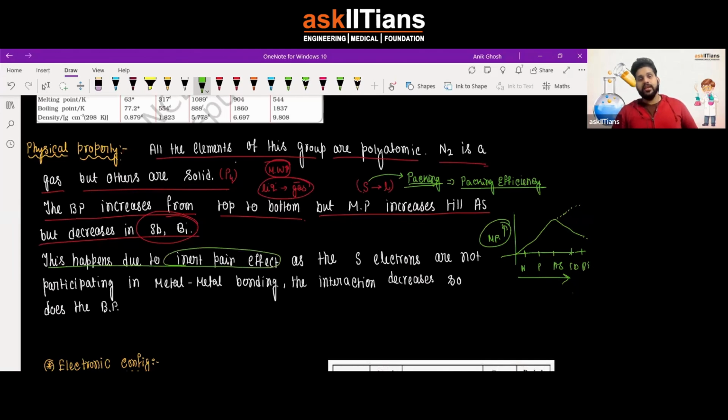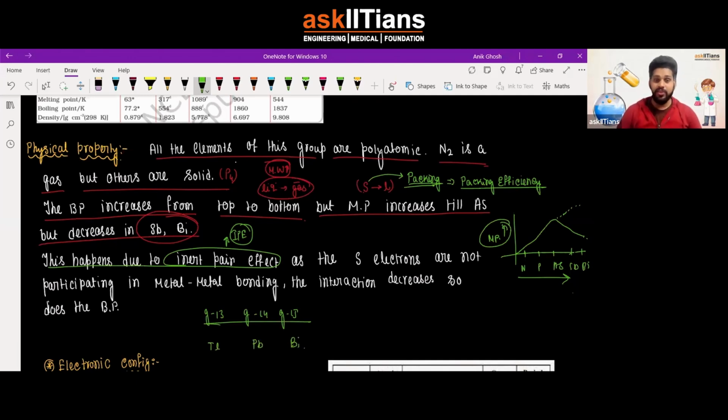Do you remember this, guys? IPE, inert pair effect. In the last two videos, we have been talking about inert pair effects very often, right? Group 13, group 14, and group 15. The last element of these three groups is thallium, lead, and bismuth.